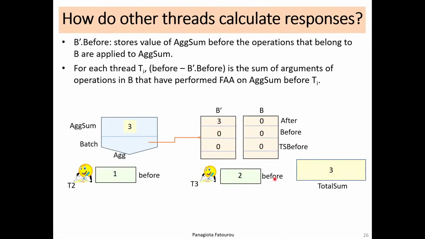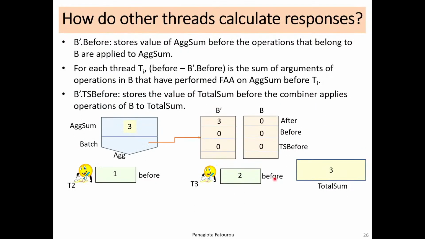For each thread Ti, the value before minus B prime before is the sum of the arguments of operations that belong to B, which have performed their hardware fetch and add on AgSum before Ti.